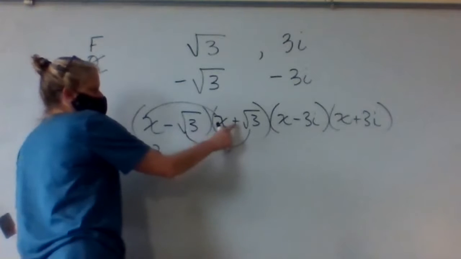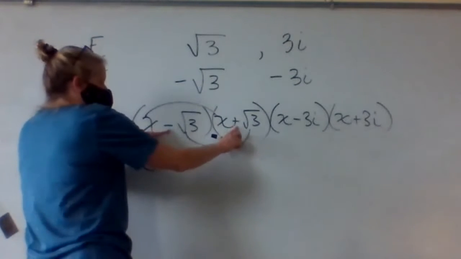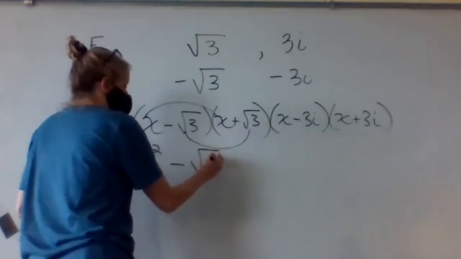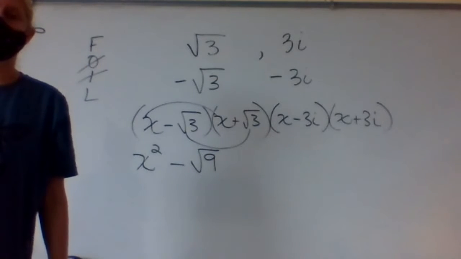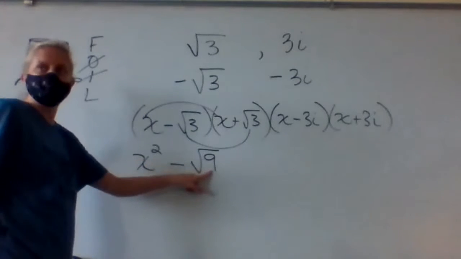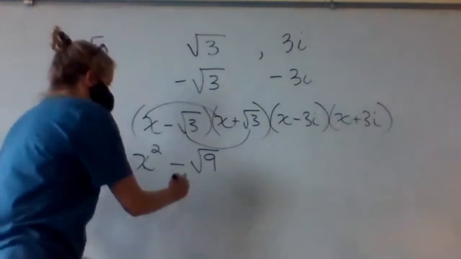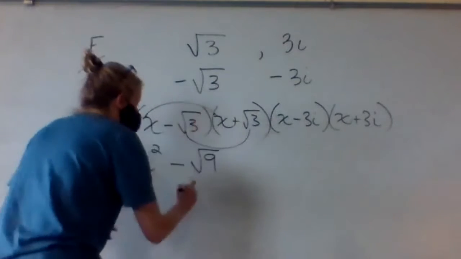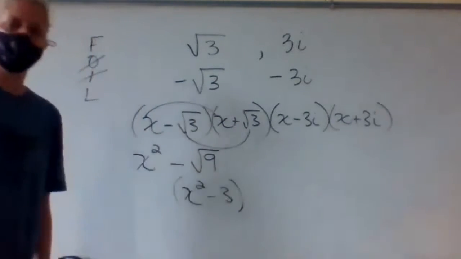Negative square root of 3 times positive square root of 3, which gives you what? Negative square root of 9. What can I rewrite this as? What is the square root of 9? 3. It's plain 3. So when I multiply all this together, I'm just left with x squared minus 3.